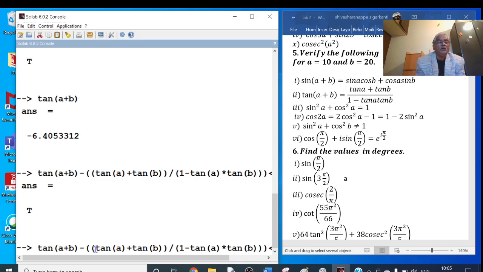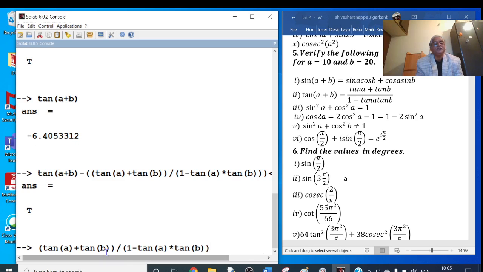Now we will go for, I will execute, what is this? This is our tan A plus tan B divided by 1 minus tan A into tan B. Okay, my tan of A plus B value is minus 6.405332.